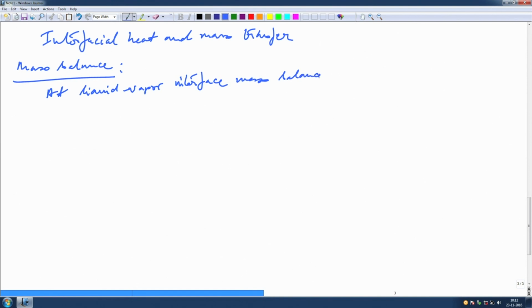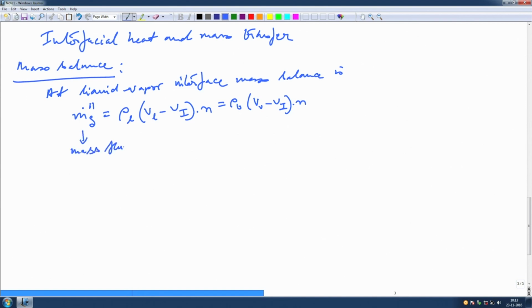The mass balance is given by, do you recall this form, (VL minus VI) dot N, where VI is the reference speed of the interface, equal to rho V (VV minus VI) dot N. This is the mass flux at the interface due to phase change.